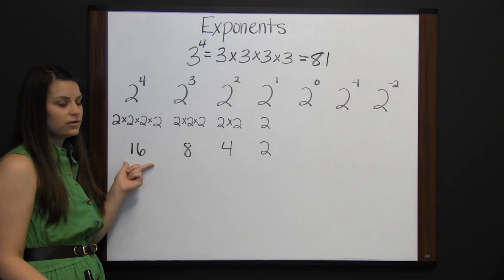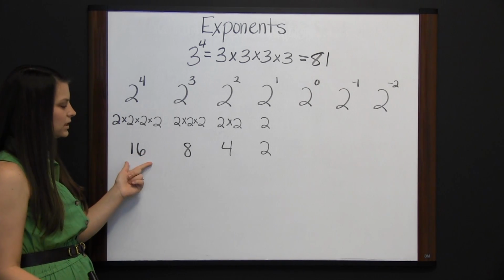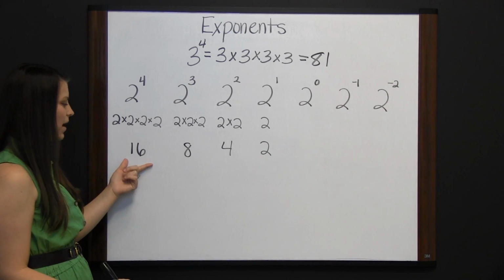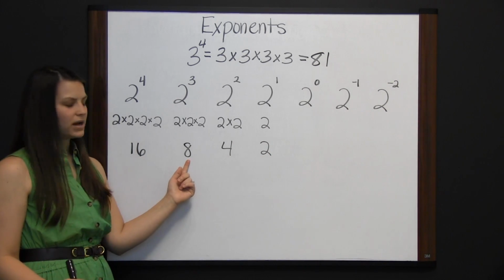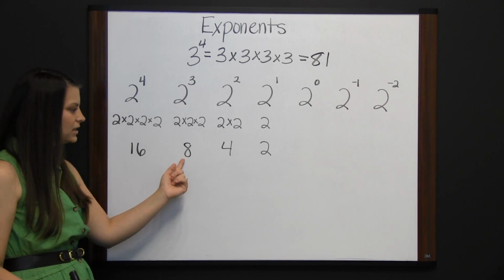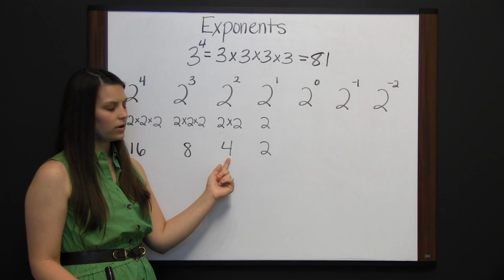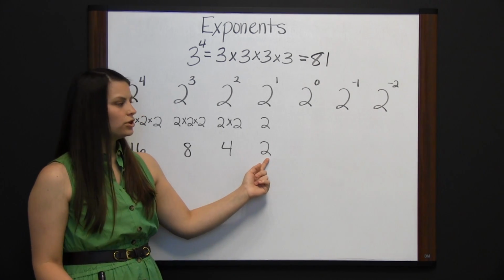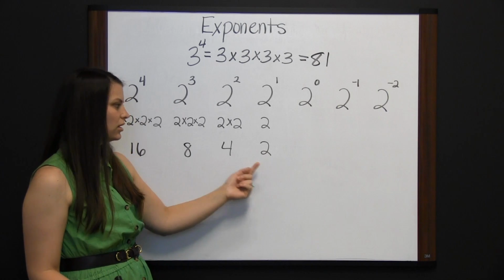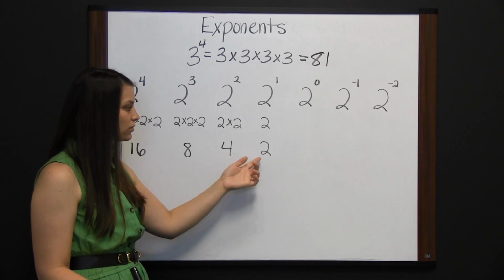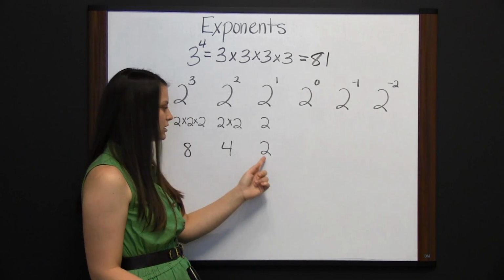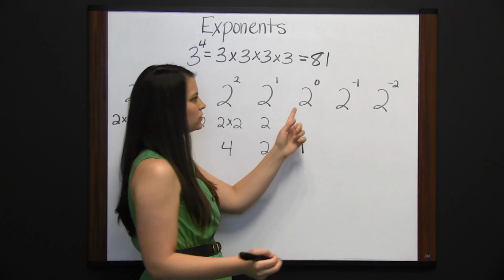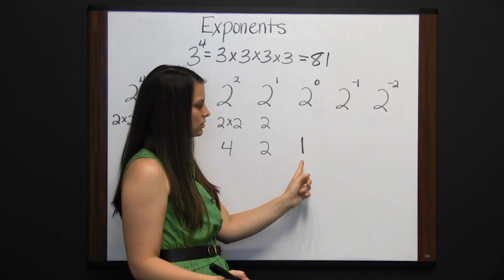And if we look at the pattern of the result, 16, 8, 4, 2, you can see that 16 divided by 2 is 8. 8 divided by 2 is 4. 4 divided by 2 is 2. So if we continue dividing by 2, then the next number in our sequence, 2 divided by 2, would be 1. So 2 to the 0 power is 1.